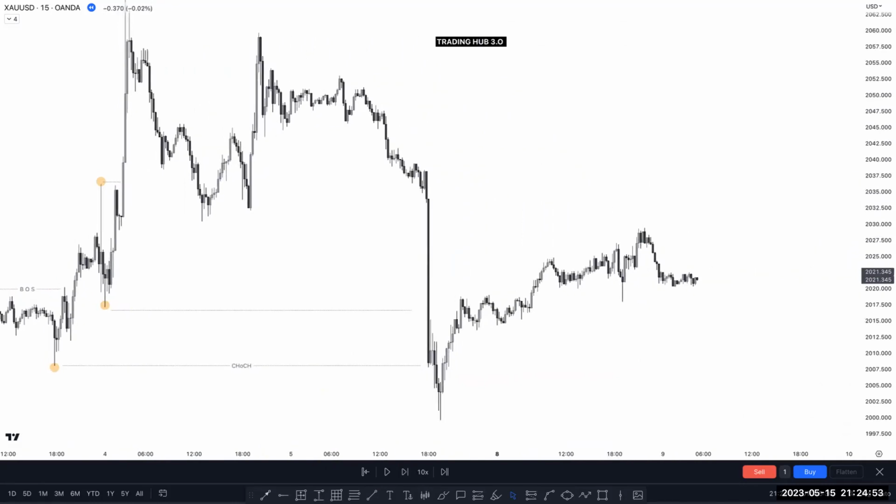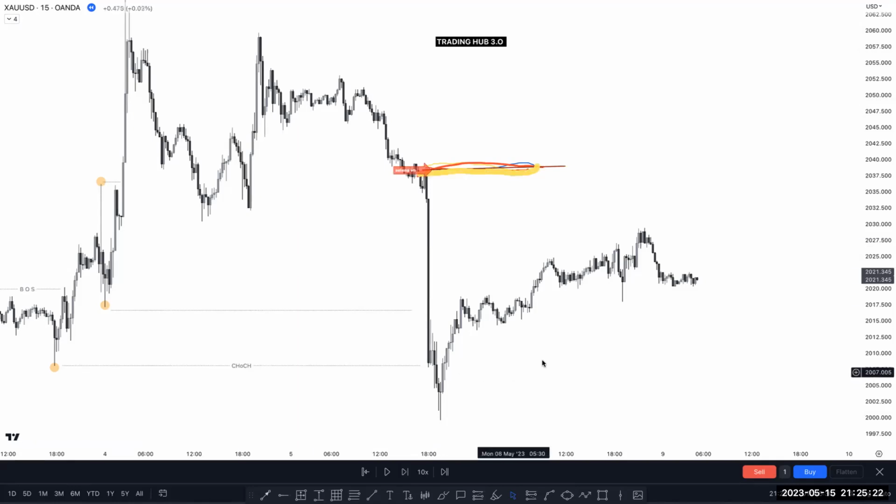So let me annotate, and I will annotate this section. So you can mark here. And now find where our external inducement is. I'm talking about external structure, everyone. Perfect.